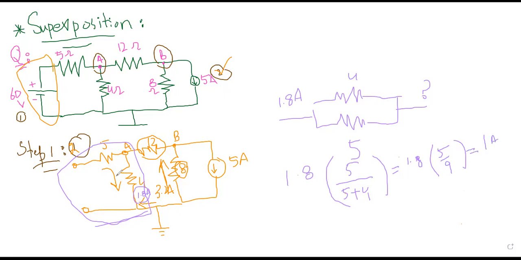So the current passing through this circuit, that is this one, the current in this resistance is 1 ampere.